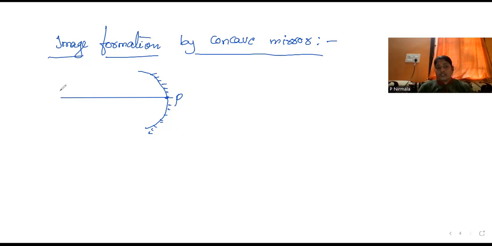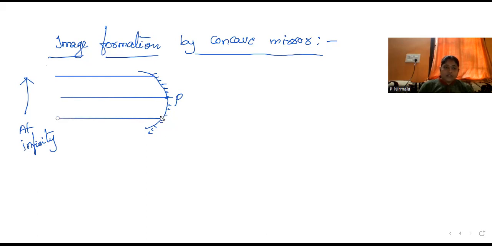That means the object we are placing at infinity. If we keep the light incident to the mirror at infinity, as we already discussed, the reflection passes through the focus point.